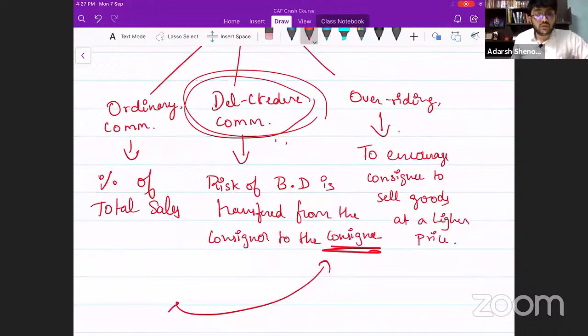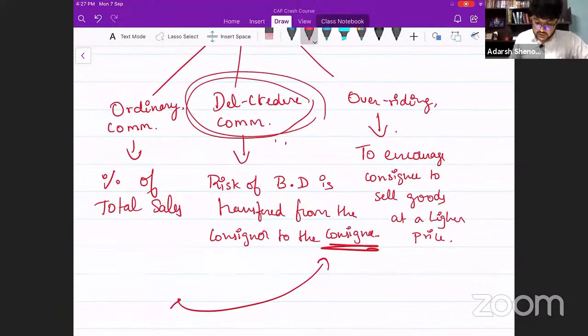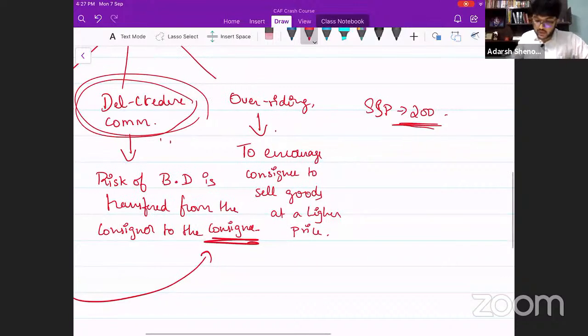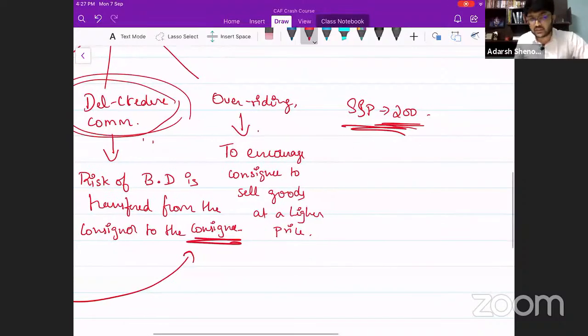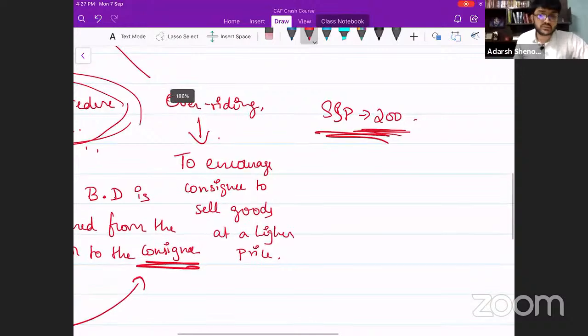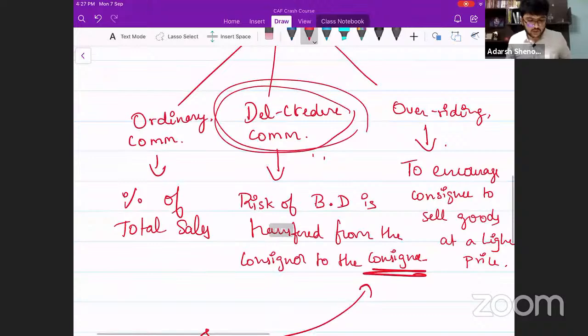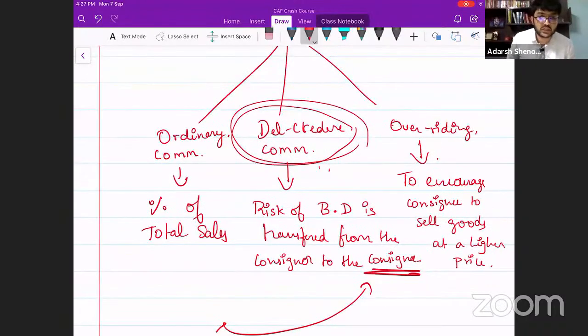So here, what we tell the consignee is, boss, I'm going to tell you a specified selling price. I will tell you to sell the goods at 200 rupees. But if you sell it at a higher price, you will get additional commission. You have the freedom. This is known as the specified selling price. I will specify a selling price, but if you want, you can sell it at a higher price. On that additional price, whatever you sell, you will get some additional commission. So this is the concept of three types of commission: ordinary commission, del credere commission, and overriding commission.